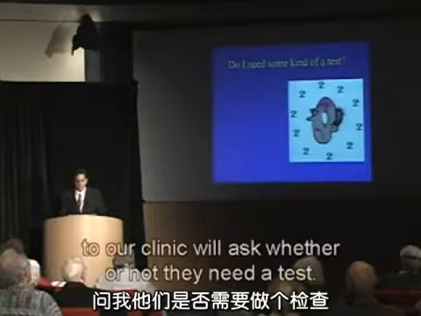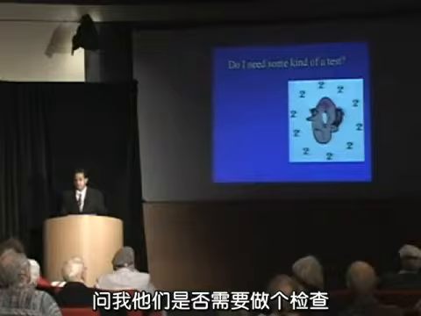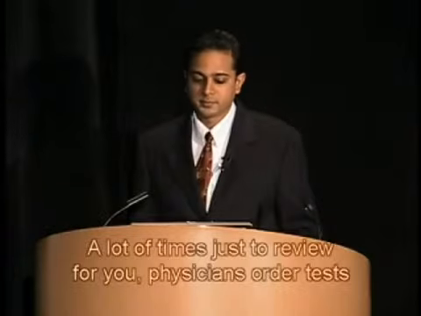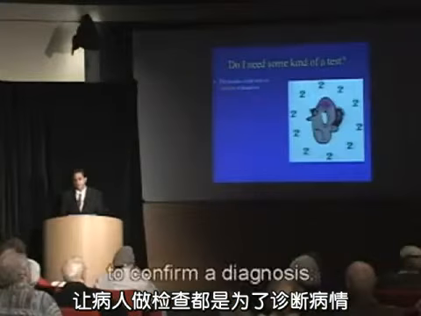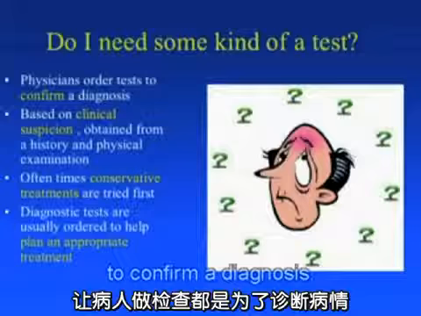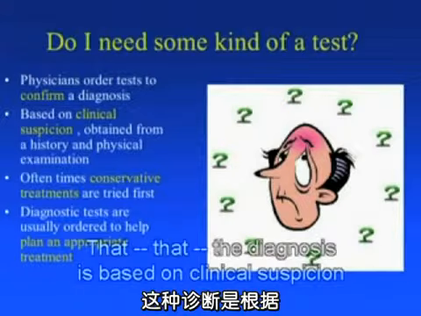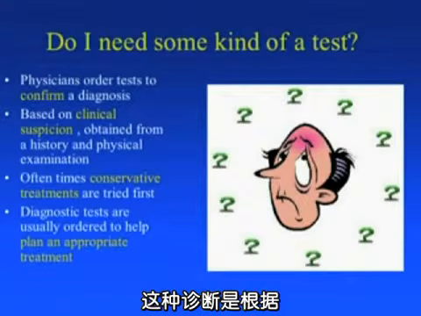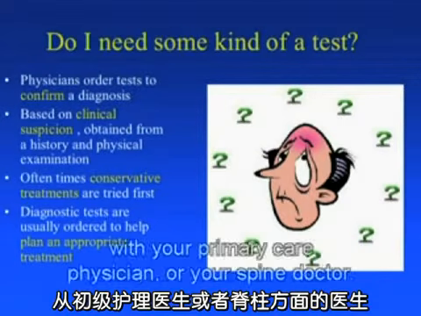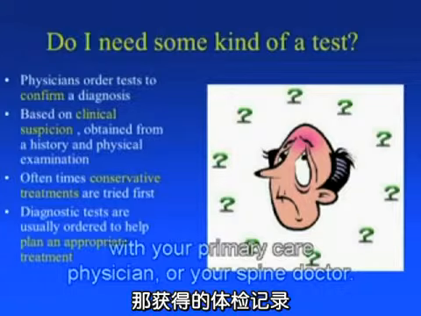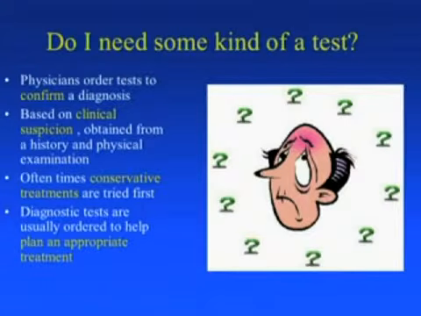A lot of my patients, when they come to our clinic, will ask whether or not they need a test. A lot of times, just to review for you, physicians order tests to confirm a diagnosis. The diagnosis is based on clinical suspicion and obtained from the history and the physical examination that you should have had with your primary care physician or your spine doctor.